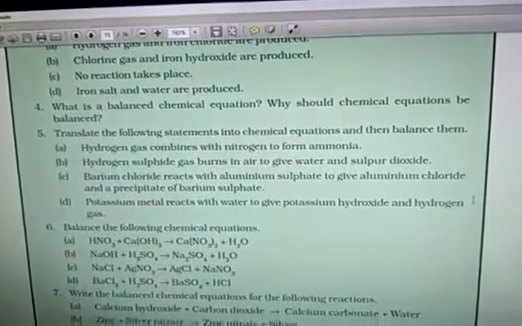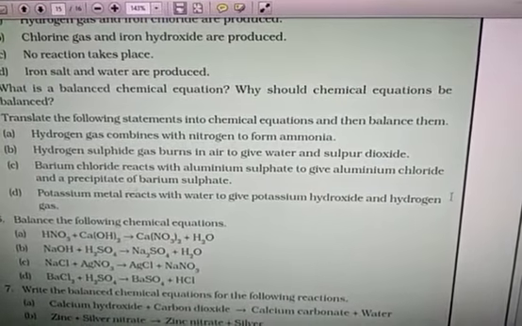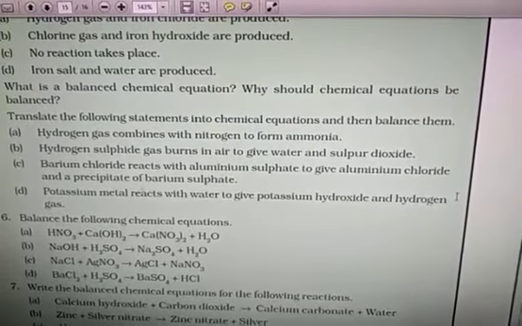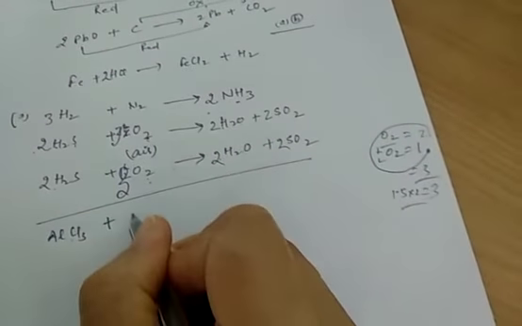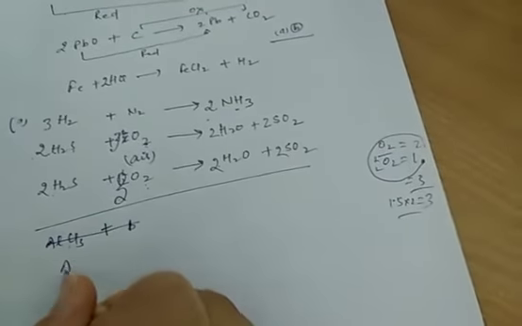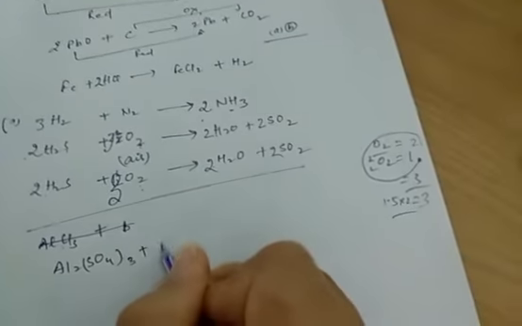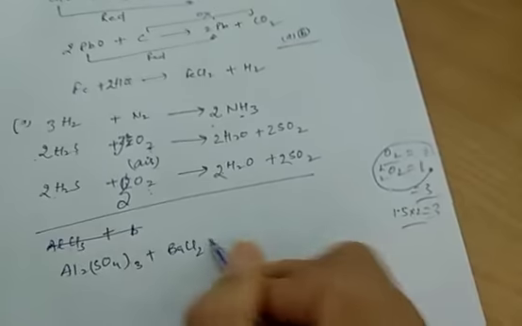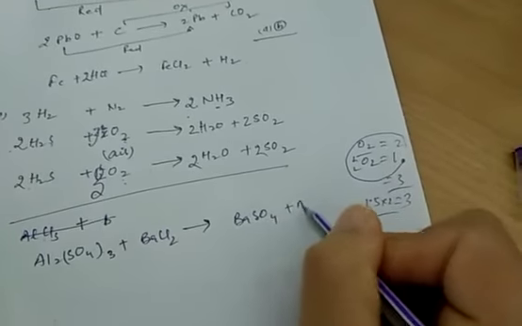Now come to the next one. Barium chloride reacts with aluminium sulfate to give aluminium chloride and a precipitate of barium sulfate. Aluminium sulfate, Al2(SO4)3, reacts with barium chloride, BaCl2, and changes into BaSO4 plus AlCl3.